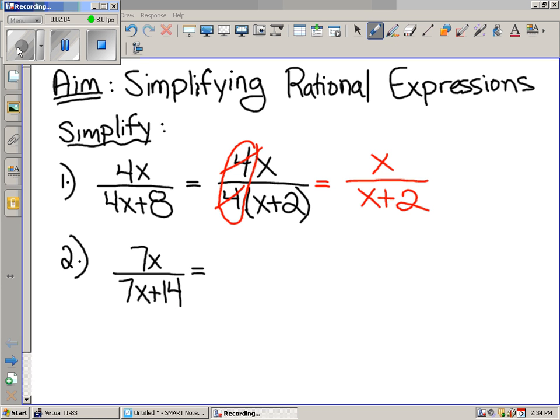Okay. Carly, so what do we do first? What do I put on the outside? Very nice, yeah. 7, because that's the greatest common factor of these two.